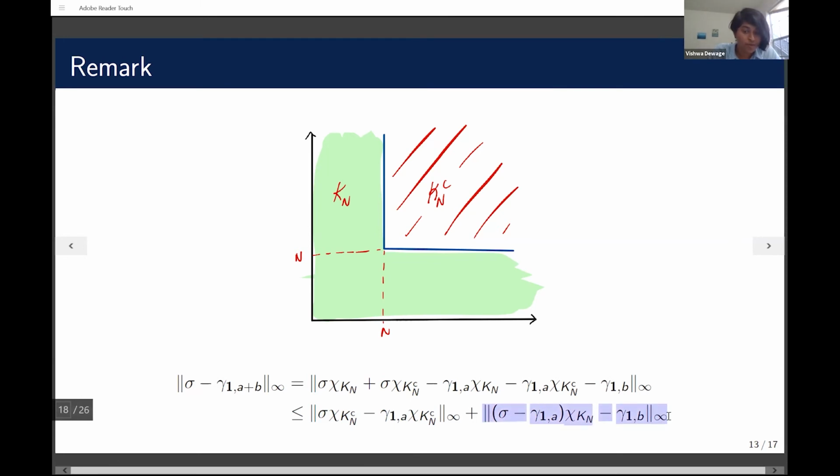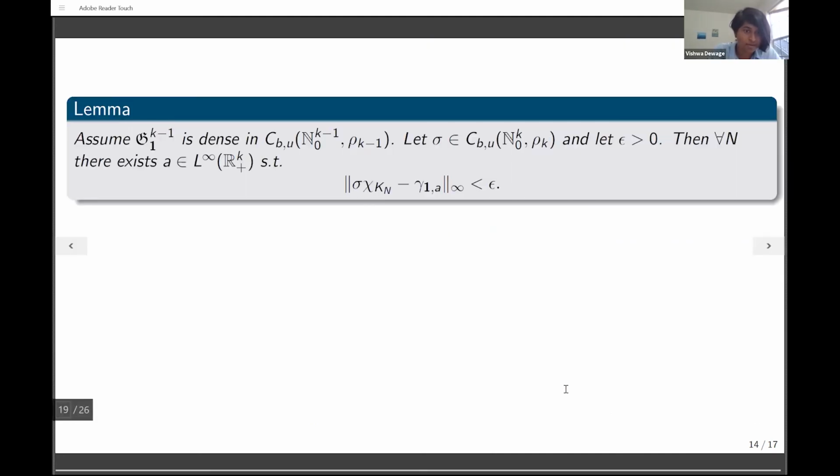We actually prove it as an inductive step. So we assume that the set of eigenvalue functions G1 for k minus 1 is dense in CBU on N naught k minus 1 with rho k minus 1.